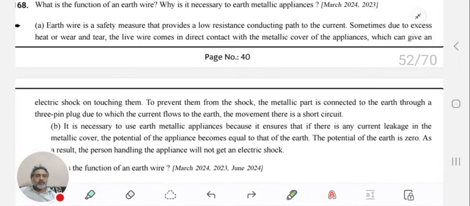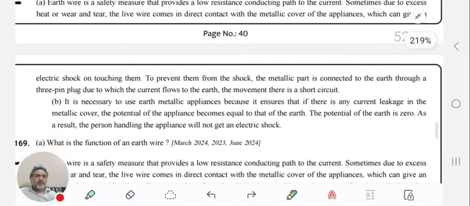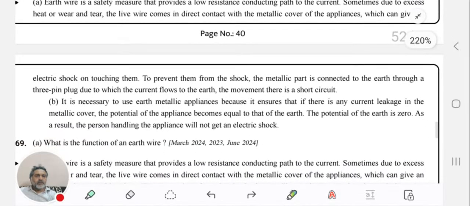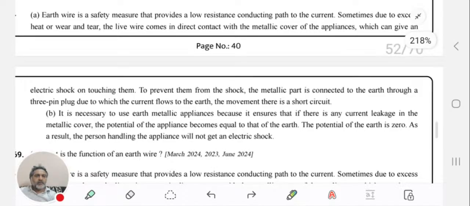Sometimes due to excess heat or wear and tear, the live wire comes in direct contact with the metallic cover of the appliance, which can give an electric shock on touching it. To prevent the shock, the metallic part is connected to the earth through a 3-pin plug, due to which the current flows to the earth.